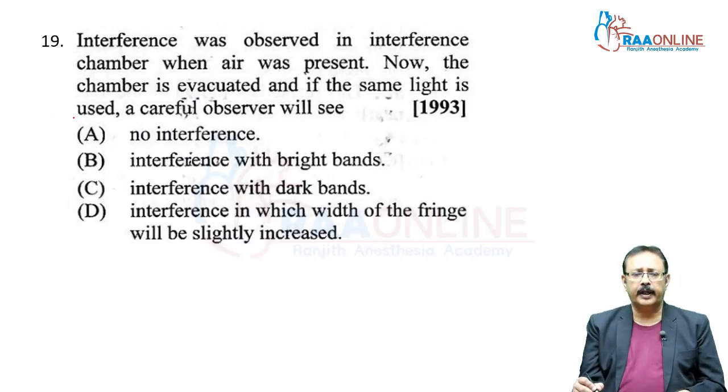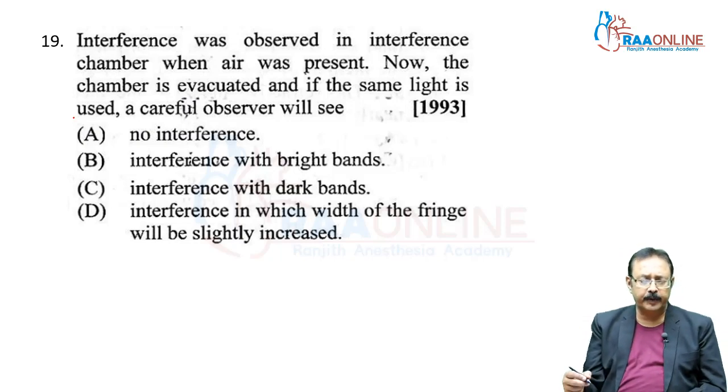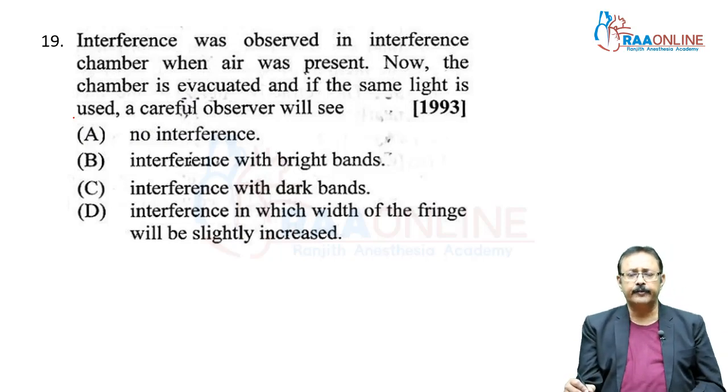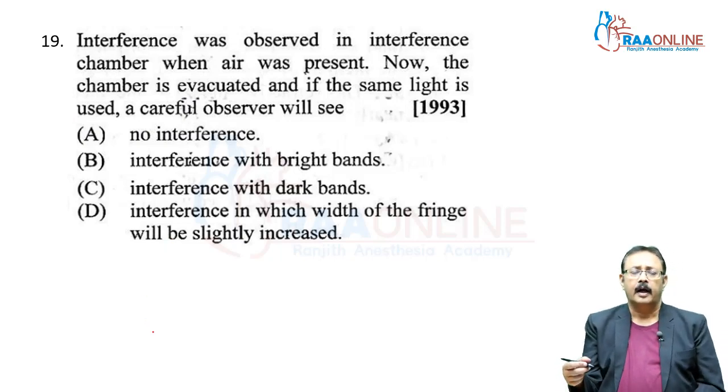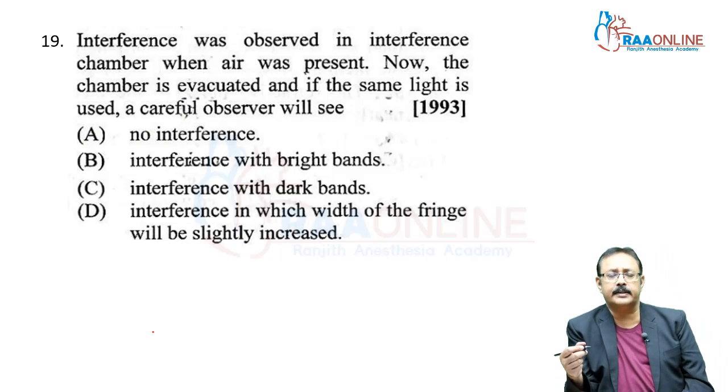19th, it is from 1993 AIPMT. Interference was observed in an interference chamber when air was present. Now the chamber is evacuated, and if the same light is used, a careful observer will see.